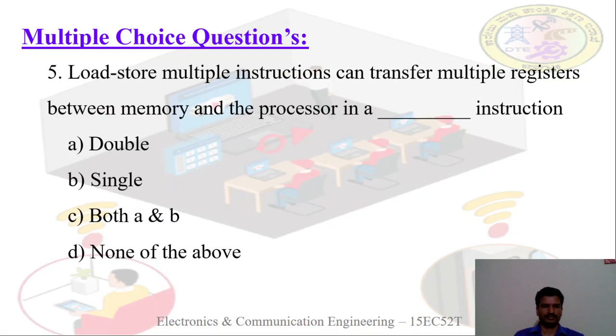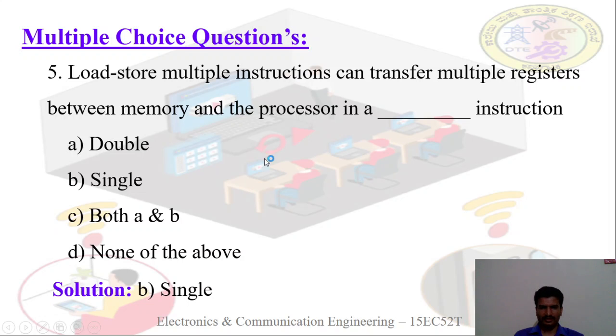Next question. A load store multiple instruction can transfer multiple registers between memory and the processor in a dash instruction. A double, B single, C both A and B, D none of the above. The answer is single.